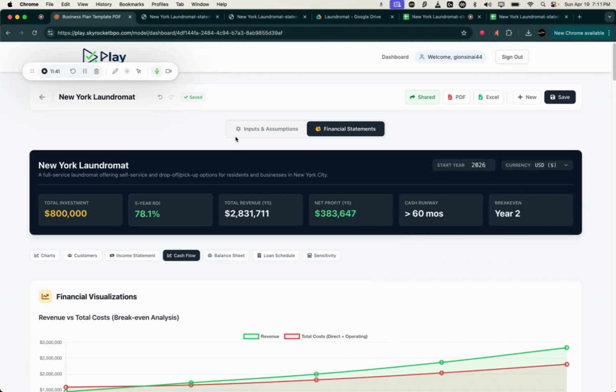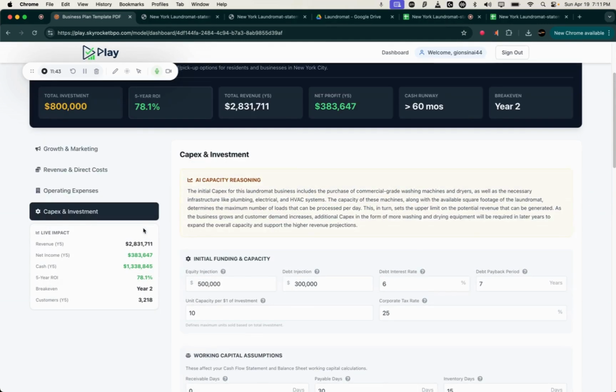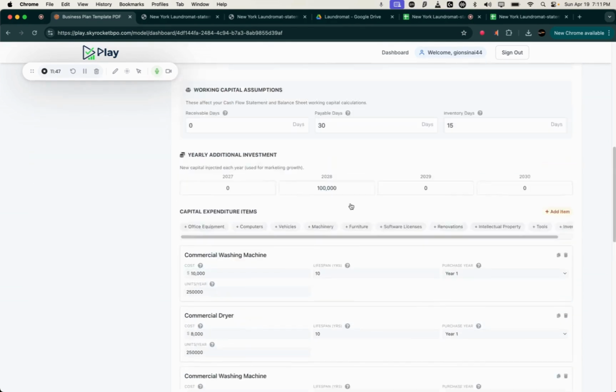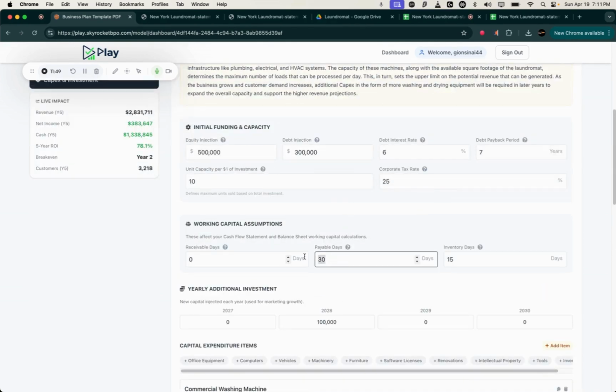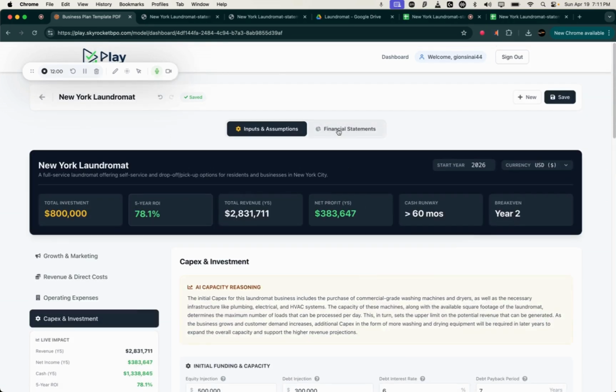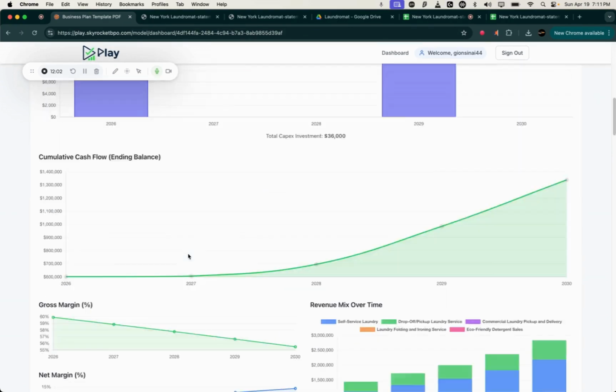But let's do the opposite. Let's say your suppliers do not offer any credit facility. Then what happens? If your suppliers don't offer you credit facility for payables, it's going to impact your cash flow negatively. So let's make this zero. But before that, let's first look at the cash flow statement.